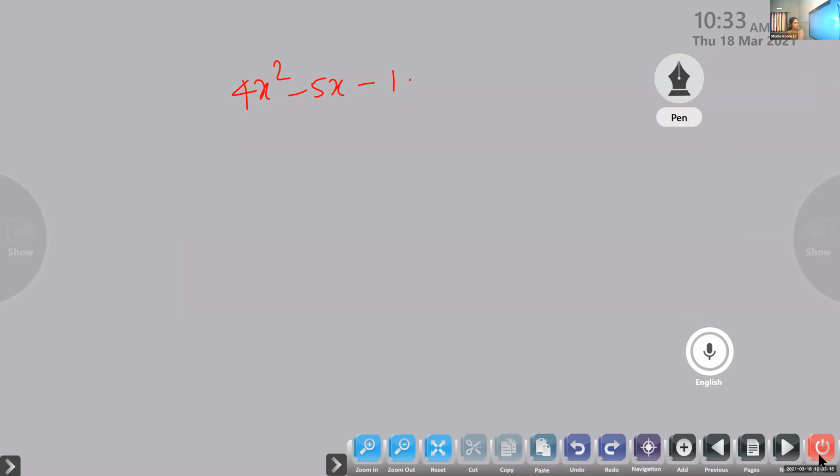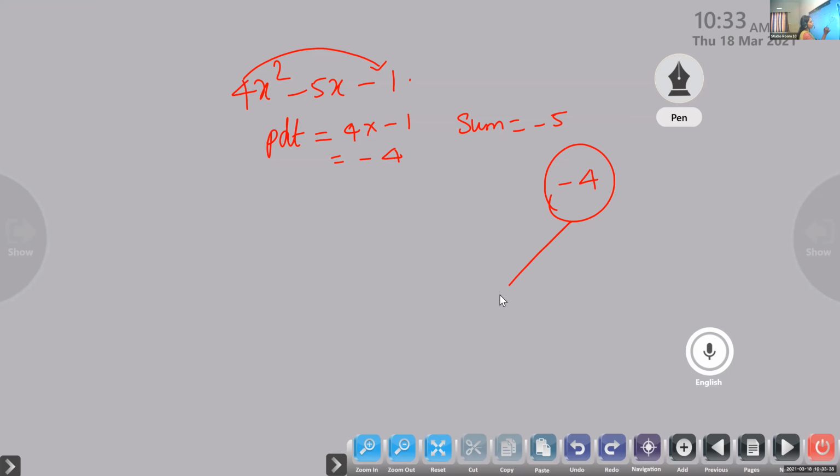So, what is the product here? While you find the product, 4 into minus 1 is minus 4. And what is the sum? Minus 5. Sum is minus 5. So check it. What are the possible factors of minus 4?